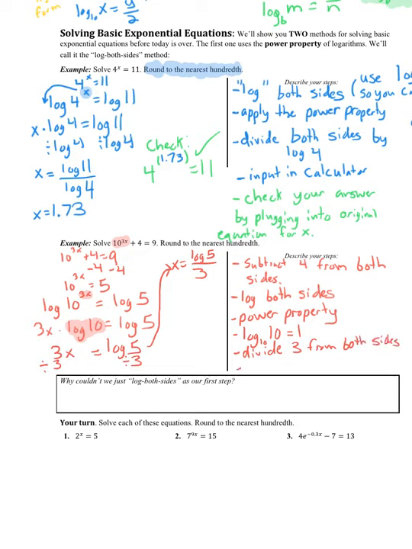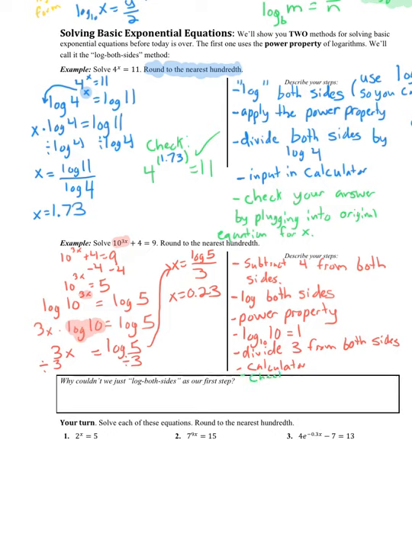And then after I divide both sides by 3, I can use the calculator, and I should get x equals 0.23, again rounded to the nearest hundredth.